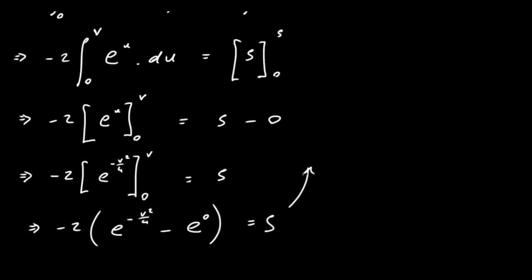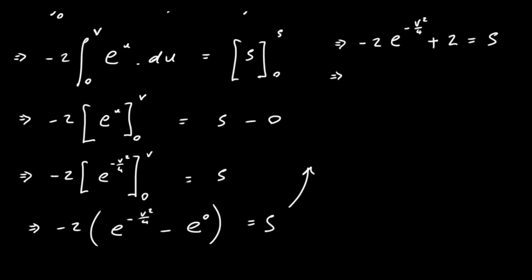I'm just going to come up here now to finish it off. So we have minus 2e to the power of minus v squared over 4 minus 2 is equal to s. Because we've got to multiply this by this, it's actually plus 2. So minus 2 times minus e to the power of 0, or minus 1 if you like, is plus 2. What I've got to do here is try and get the v on its own.